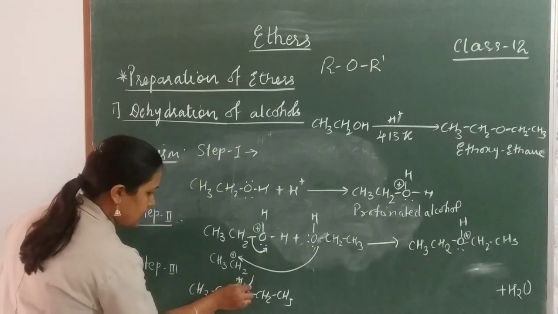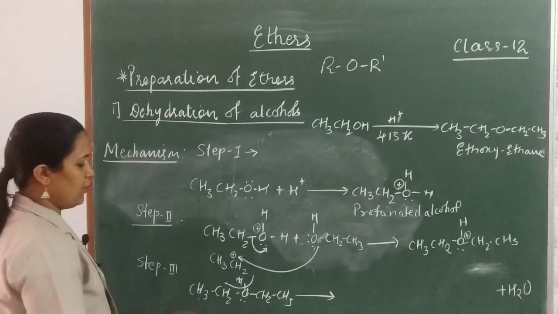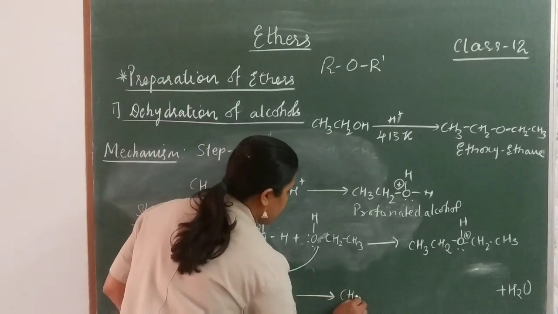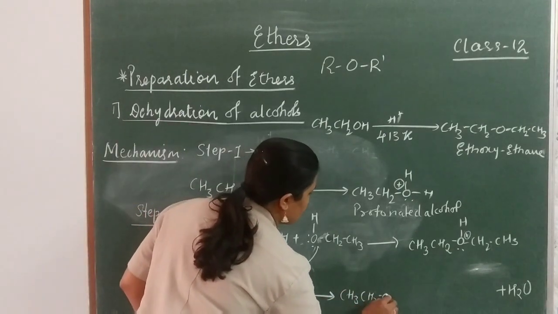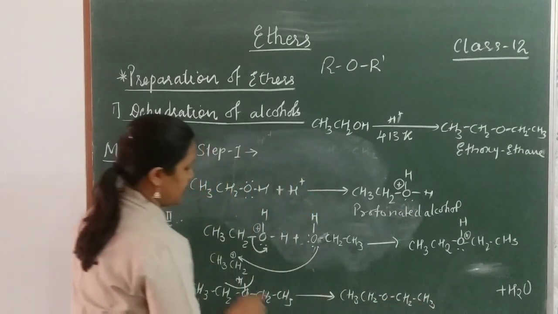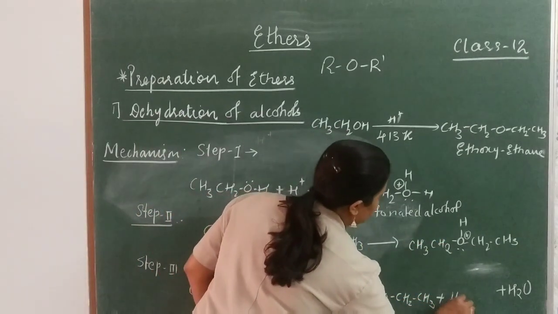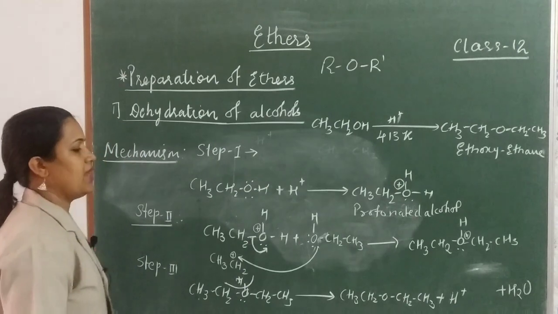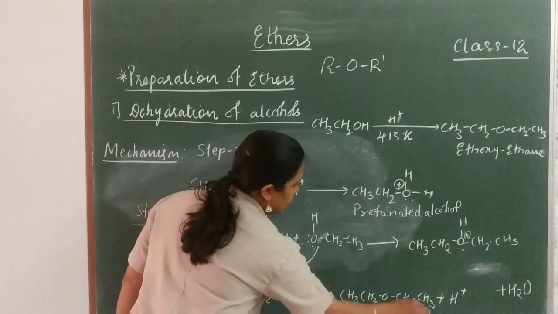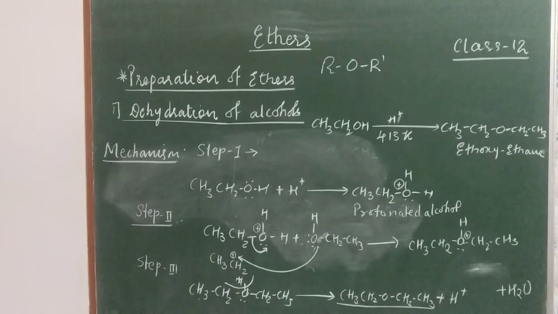So in the third step, this H plus will get removed, and we get the product CH3CH2OCH2CH3, and this H plus ion will react with H2O, or we'll simply write it as an H plus ion. This is our product, and that is ethoxyethane.